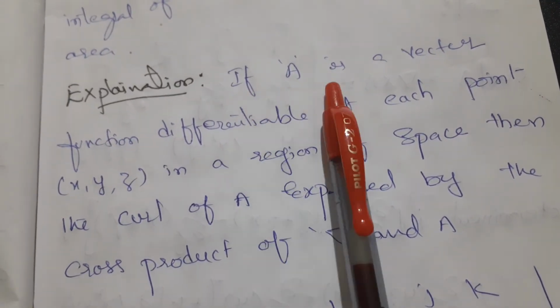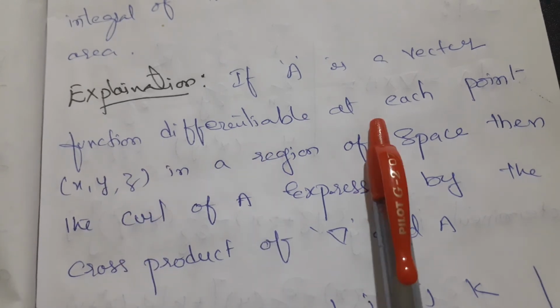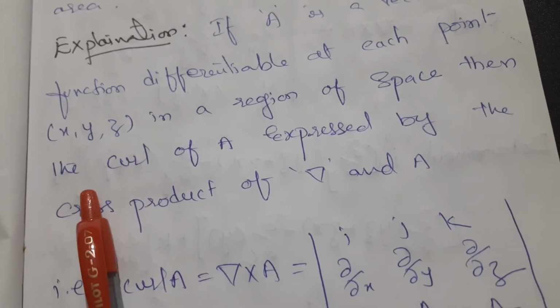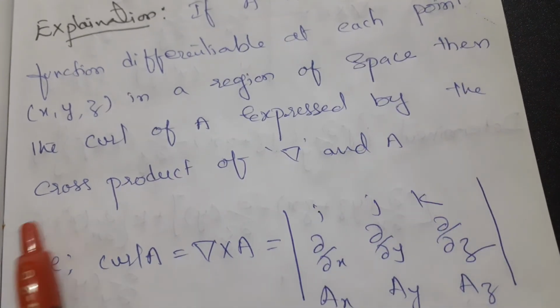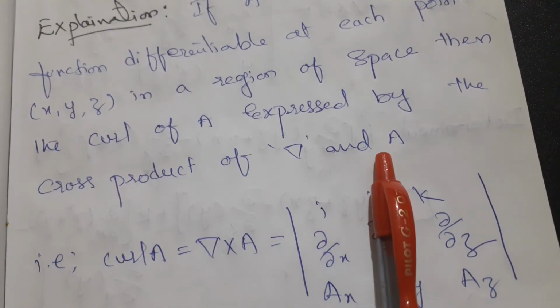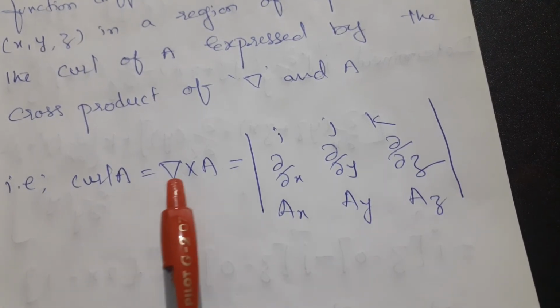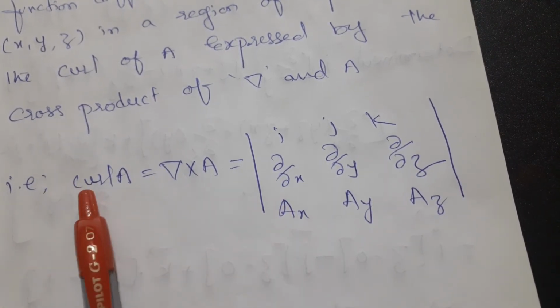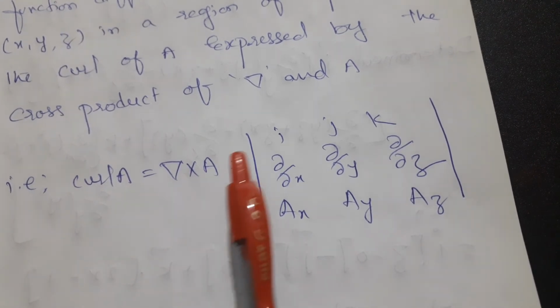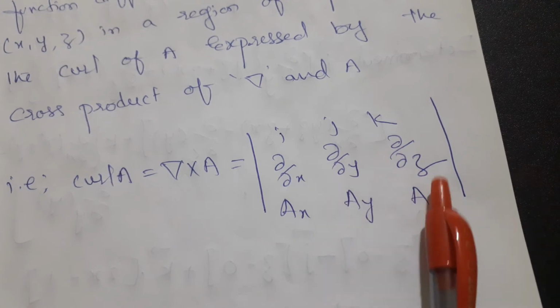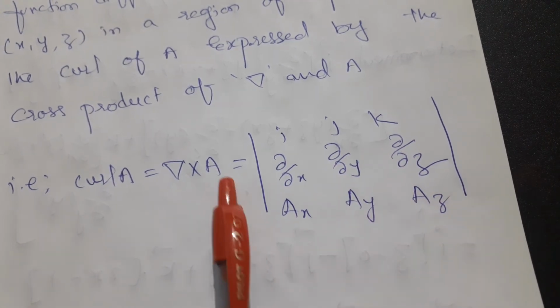If A is a vector function differentiable at each point x, y, z in a region of space, then the curl of A is expressed by the cross product of del and A. So curl A can be found with the help of a determinant: curl A is equal to del cross A, which can be written as the determinant with rows i, j, k; ∂/∂x, ∂/∂y, ∂/∂z; and Ax, Ay, Az.